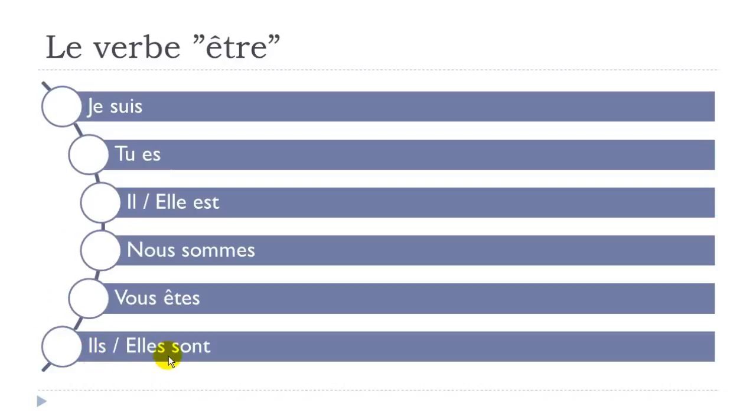Okay, ils sont, final T not pronounced, elles sont. So let's see it again. Je suis, tu es, il est, elle est, nous sommes, vous êtes, ils sont, elles sont.